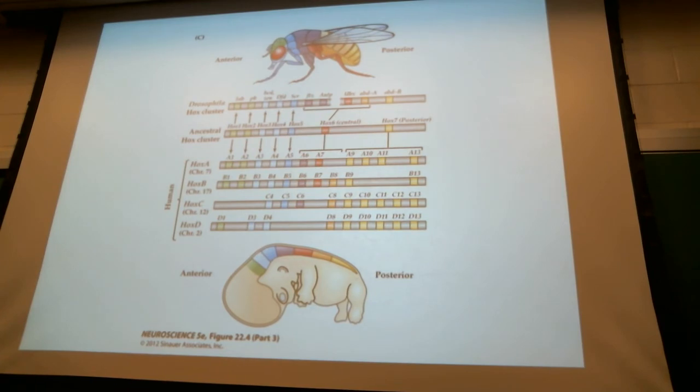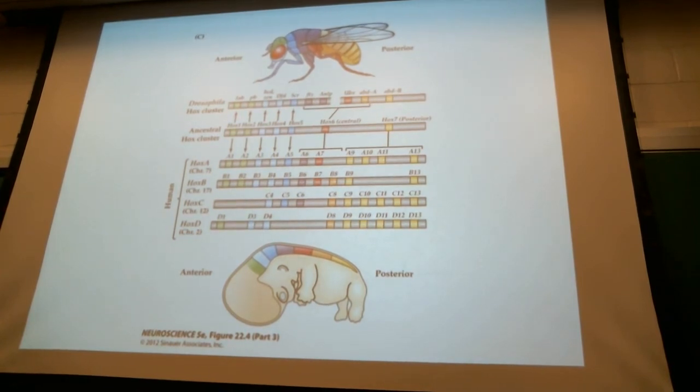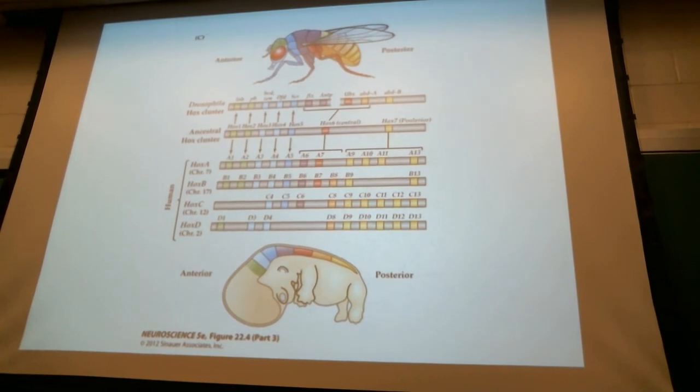And if you look at which Hox genes are expressed, as you can see, it's very nicely color-coded. It's sequentially expressed from anterior to posterior. And it turned out humans are basically the same. We are not too different from Drosophila.